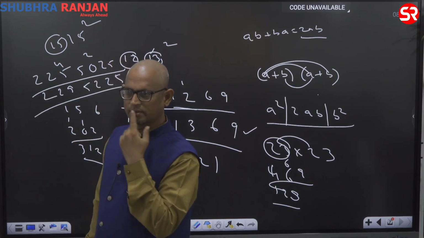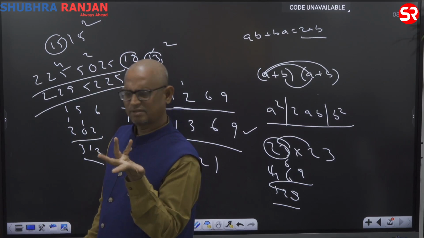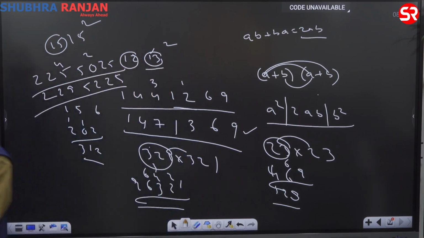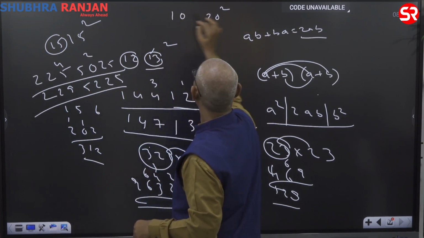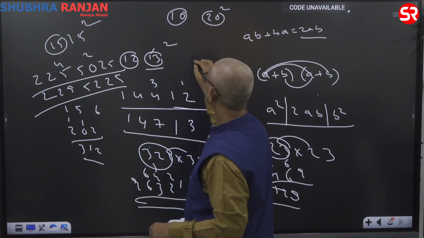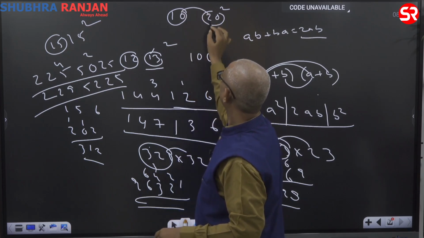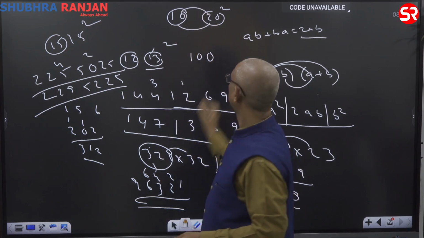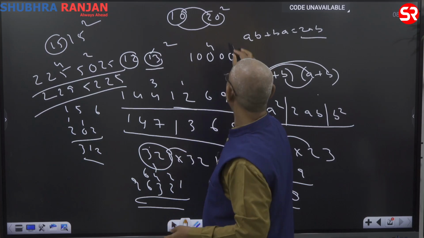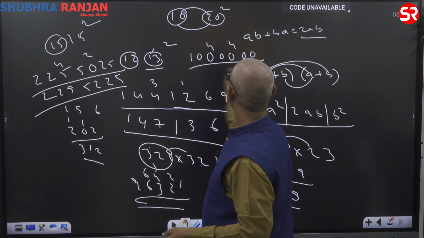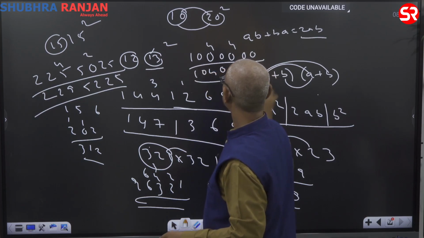Any doubt? That's all. Now 1020 square. 10 square is 100, 200, 200, 400. 20 square is 400. Two digits, na? Got it?